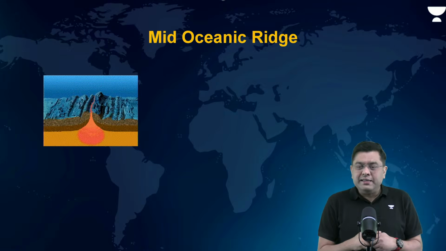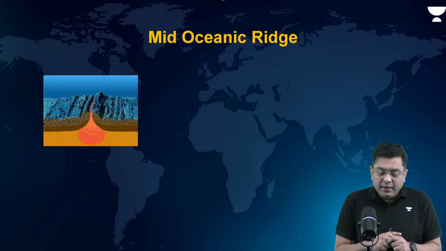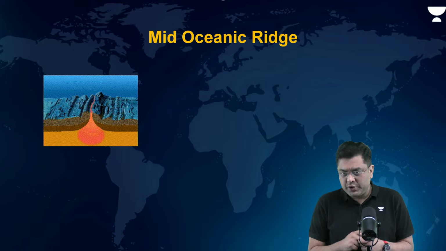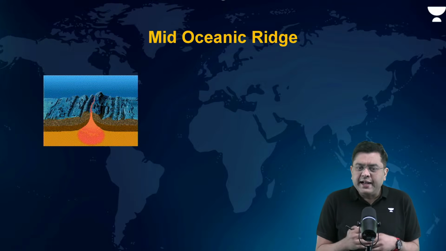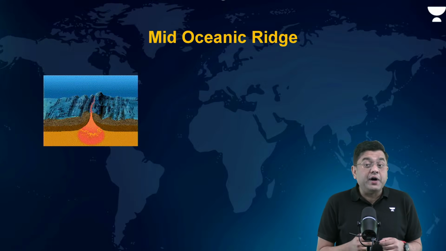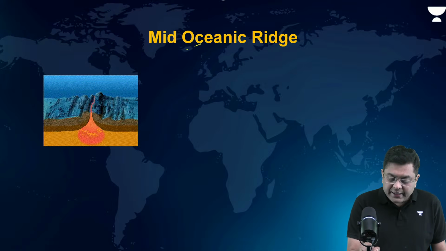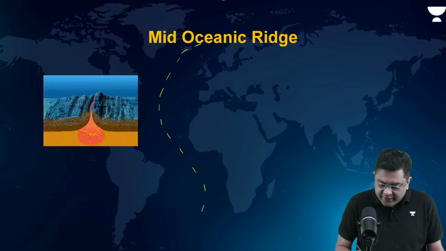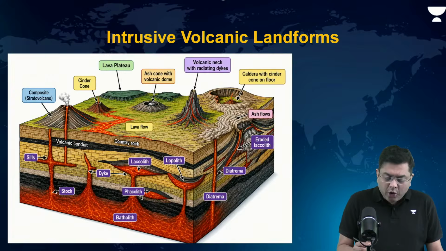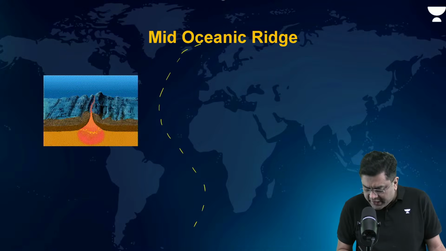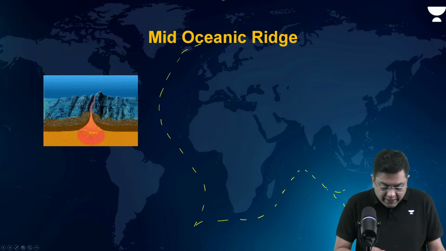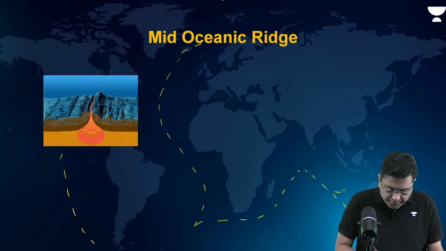Then we come to another kind of eruption, that is the mid-oceanic ridge eruption. This is the kind of volcanic eruption which occurs underneath the oceans, in areas underneath the region of the Atlantic, for example. Okay, almost in the entirety of the region here, Indian Ocean also, in the region of the Pacific also.